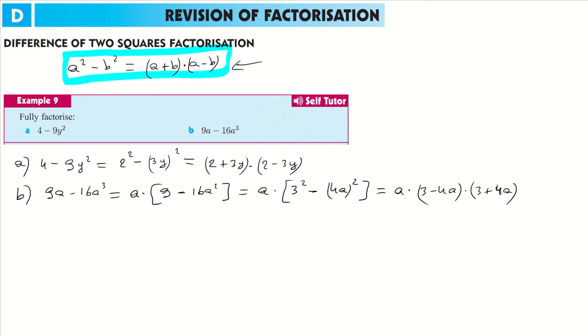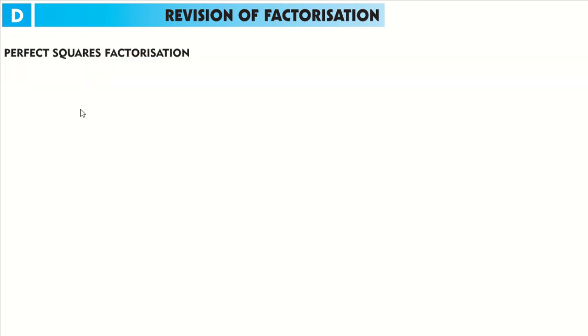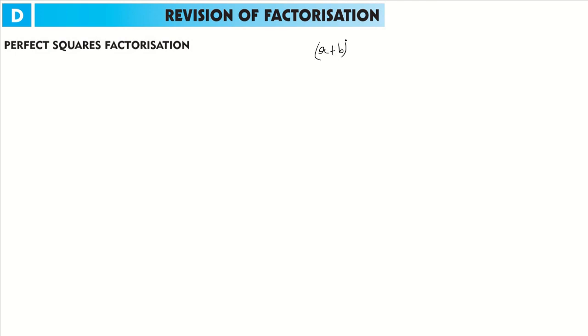Okay, let's go to the next factorization method. It is the perfect squares factorization method. We know from the expansion laws that a plus b to the power of 2 is equal to a squared plus 2ab plus b squared. Here we have to do the reverse process.